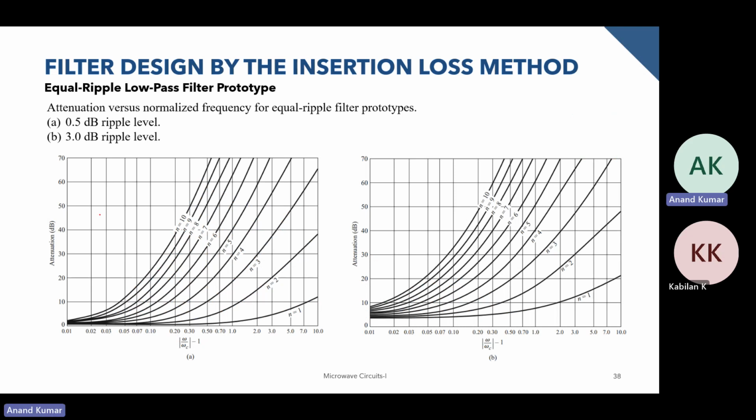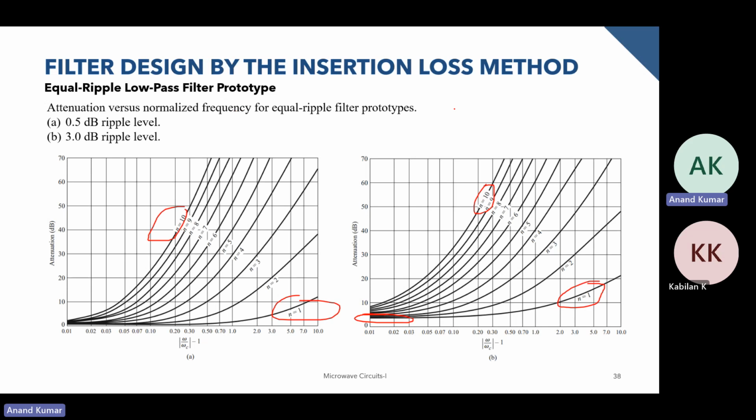Over here we have the 0.5 dB ripple, and the attenuation becomes very slow for low ripple and low order, and very fast for higher order. You can see we have more attenuation to begin with in a 3 dB ripple. This is the higher attenuation for a 3 dB ripple, but for lower order this is less, and for even higher order this is high.